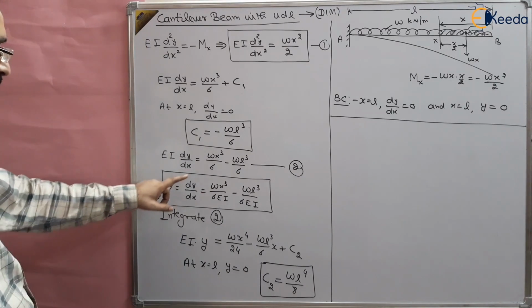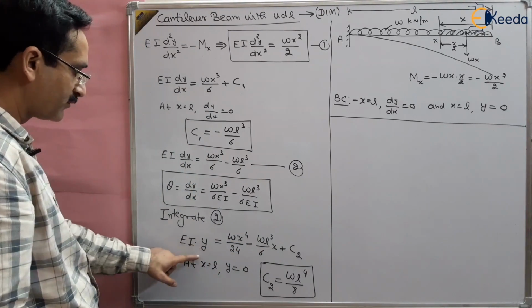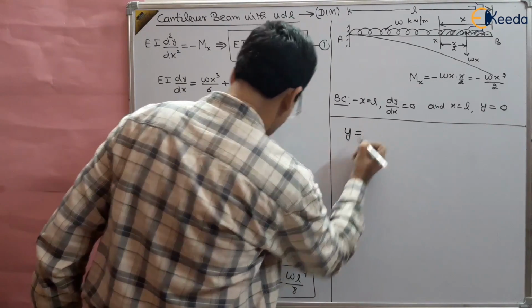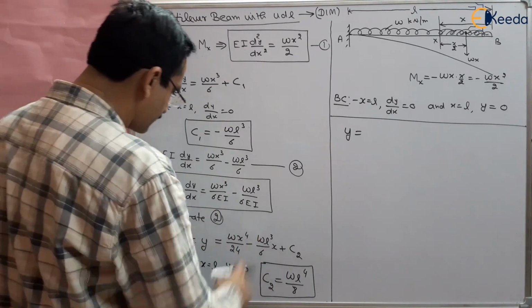Now we can put here and we can get the deflection y. Put the value of C2 here and we will get the total deflection.